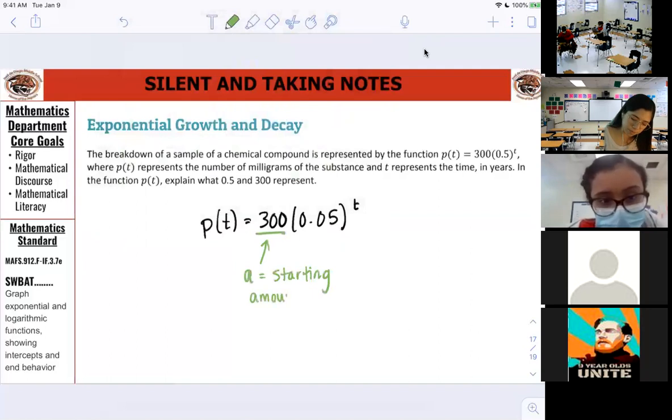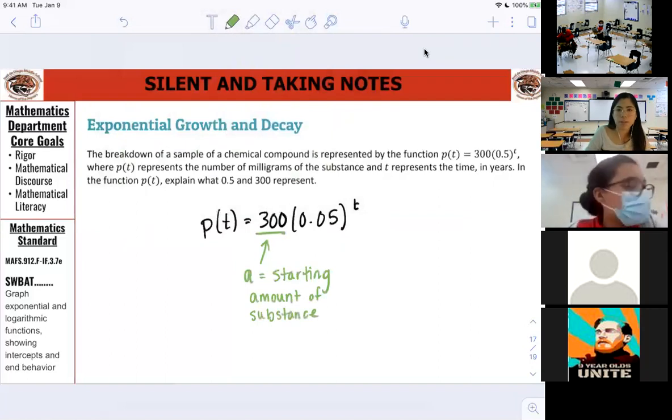How much sample of chemical compound. Good. So the starting amount of the substance. And what units does it use here? Milligrams. Cool. So that's 300. That one's pretty easy.